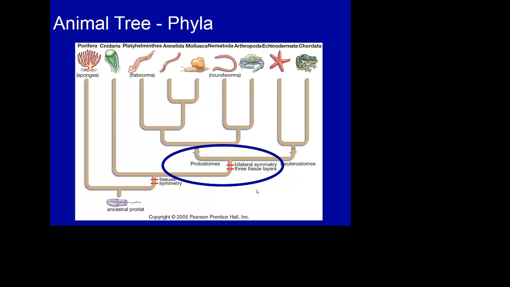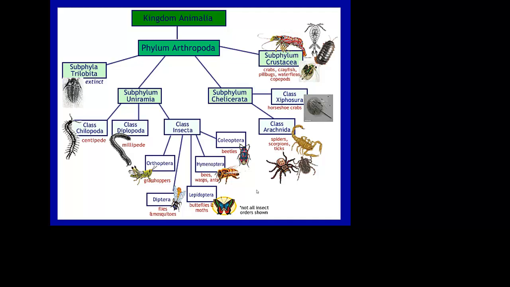So the idea of these bilateral symmetry, 3 tissue layers, protostome development that we have with our arthropods is going to allow a lot more development of some of these derived characters, and within this group, the derived characters are going to be some of the most important.